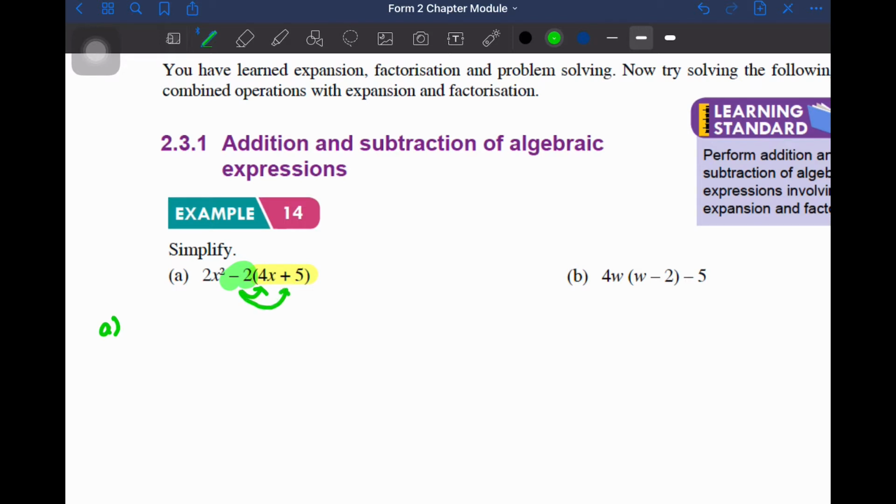Awak kena kembangkan dulu bracket itu dengan mendarab nombor yang di luar ni ke dalam. So you will get 2x squared. Negative 2 times 4, you will get negative 8x. Negative 2 times 5, so you will get negative 10.